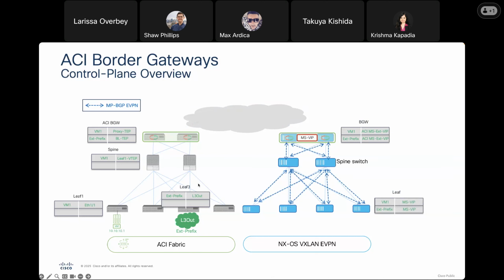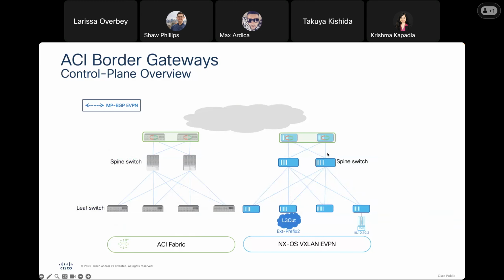The NXOS BGW receives that information and puts it into its database, and just as NXOS communicates type 2 and type 5 information today, that will be communicated the same. That all gets advertised through EVPN.